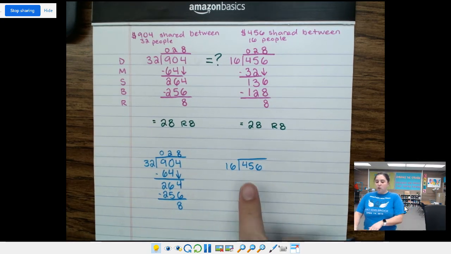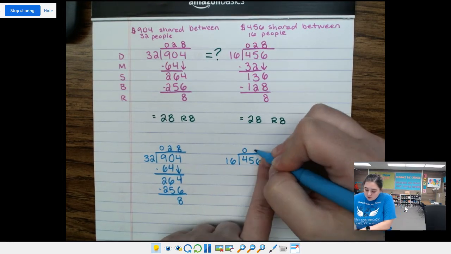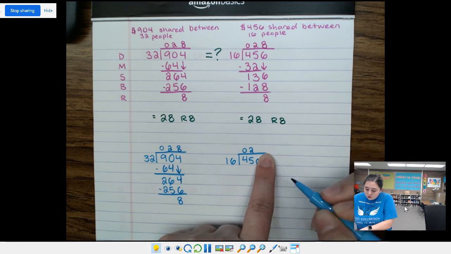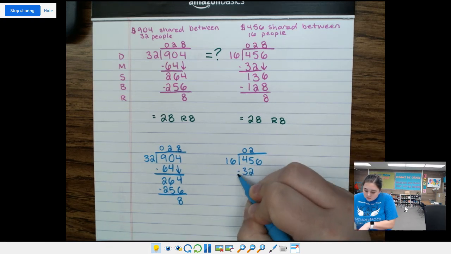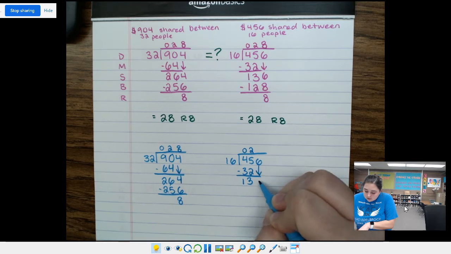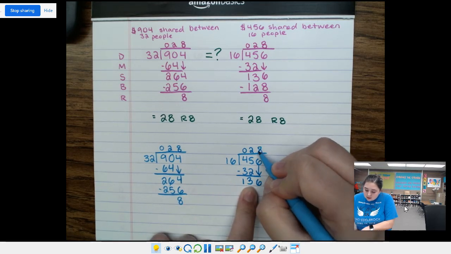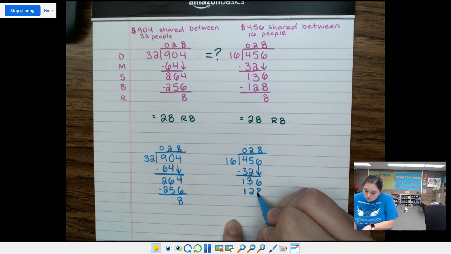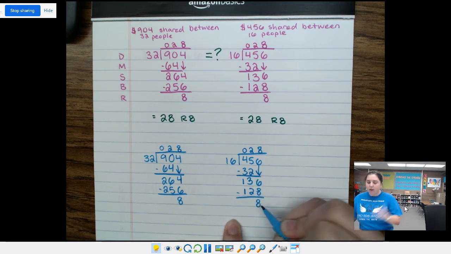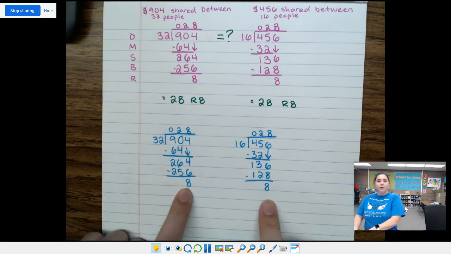I'm going to solve up to that point on this one as well. It couldn't go into 4, but it could go into 45 2 times, which got me to 32. Subtracted and I got 13, brought down the 6. 16 can go into 136 8 times, 128, subtract, and I got 8. Okay, solved. So now they look the same, 28 with a remainder of 8.